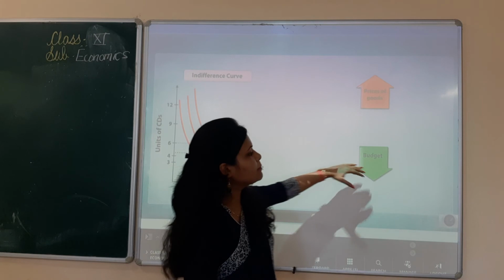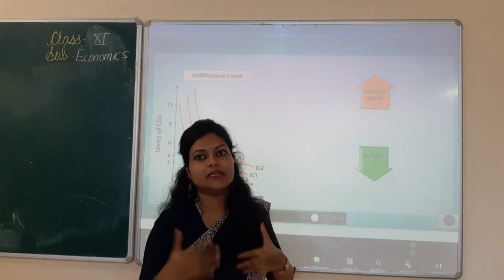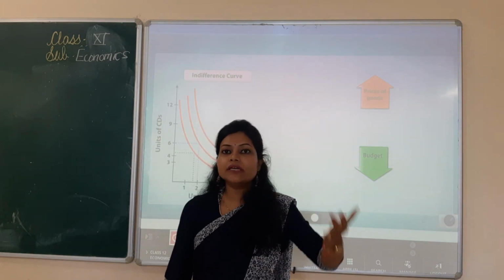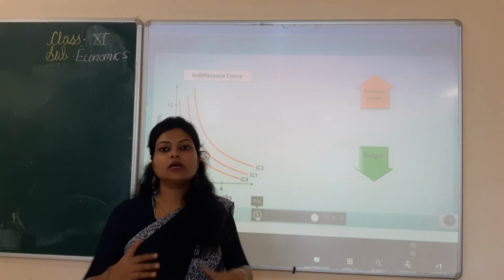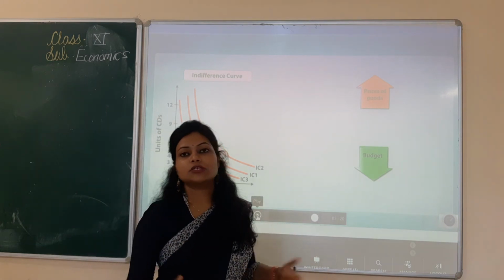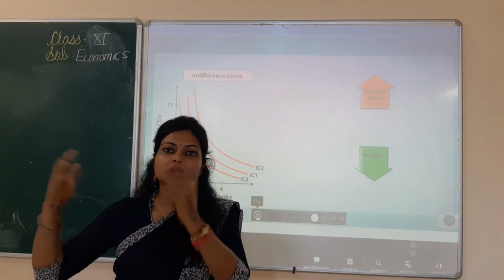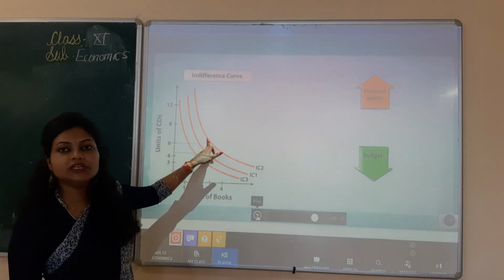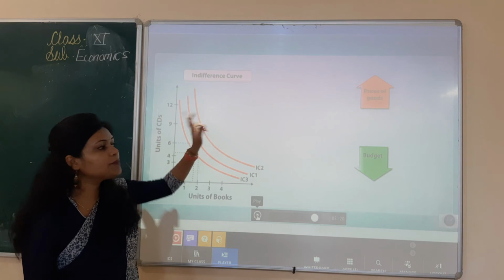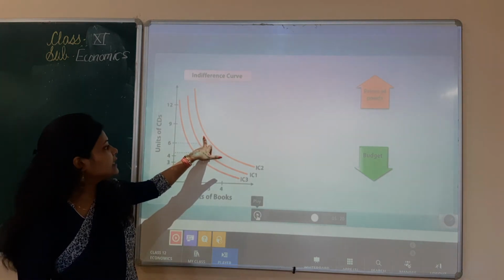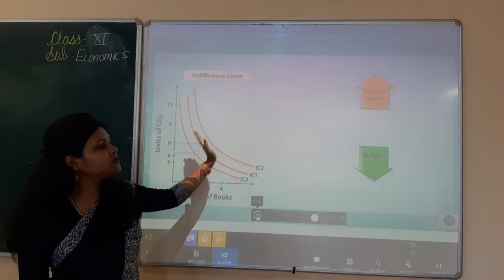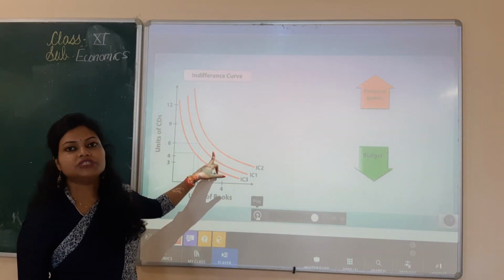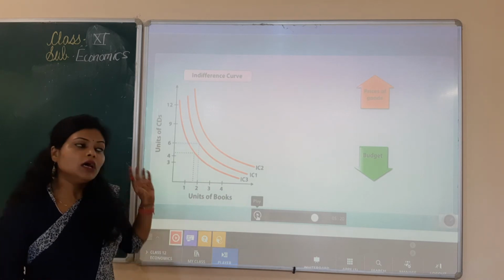If my budget, that is my income, increases and the price of goods decreases, then I can buy more. When I can buy more, my limited amount of money has also effectively increased. So I can choose more combinations because my income has increased and the price of goods has decreased. That is why my indifference curve will shift upwards, and that will give me more options to purchase and more units of goods I can purchase.